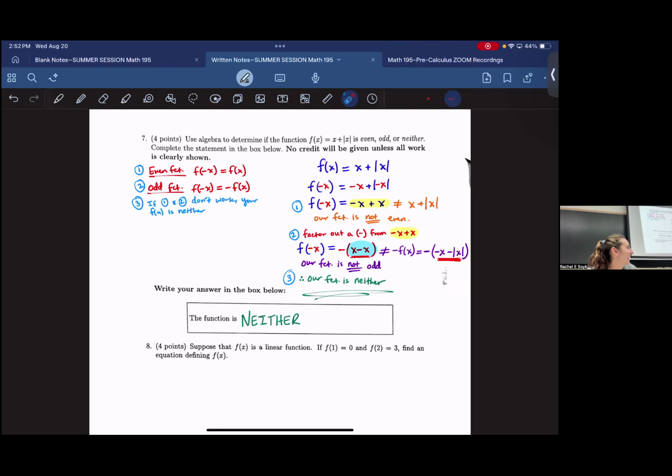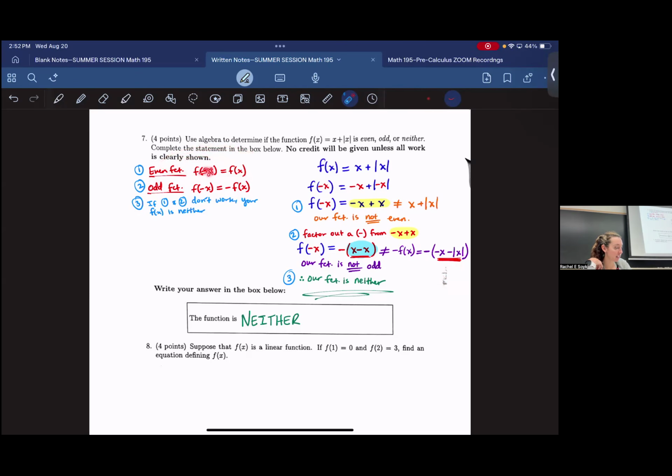I'm still a little confused because isn't negative f of x supposed to be a reflection? So inherently, would it be the same? So that's the properties of even and odd functions. So even functions, look at this reflection that's taking place.